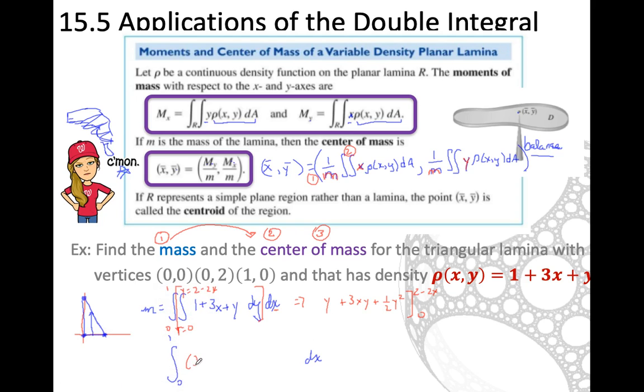So in place of y, I'm going to have 2 minus 2x plus 3x times 2 minus 2x plus 1/2 times 2 minus 2x, all squared. I'm going to square, combine, get stuff together, and put in 0 and 1. I want you to just trust me, and I'm going to tell you that you're going to get 8/3 out of that.